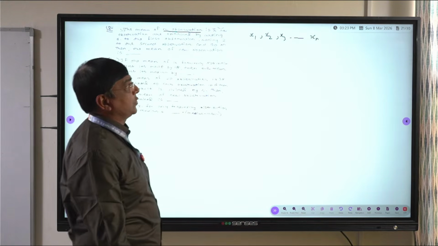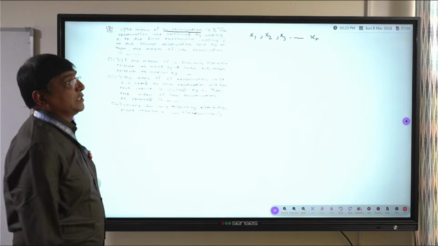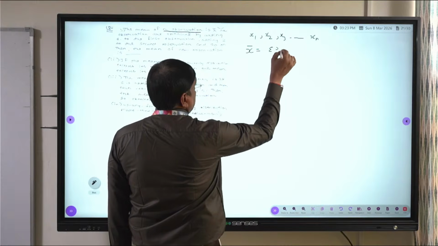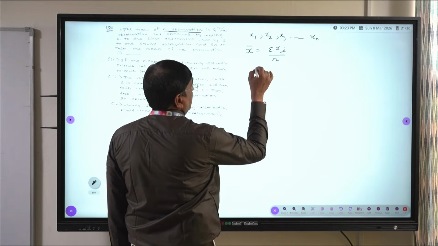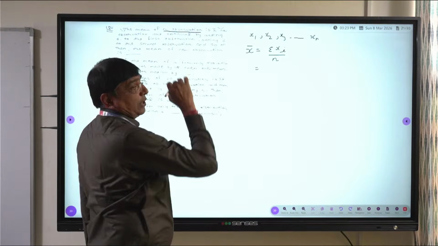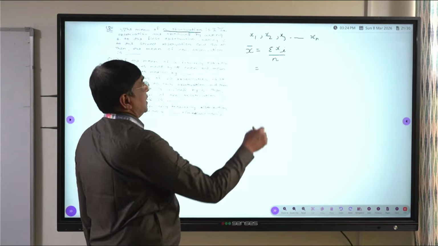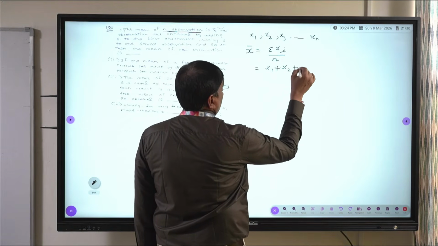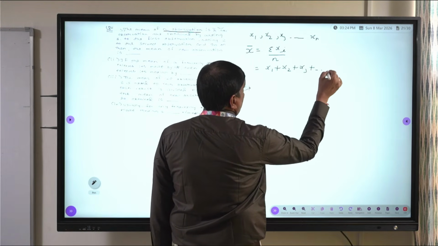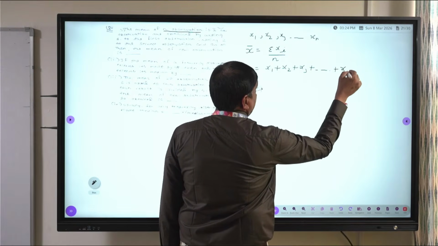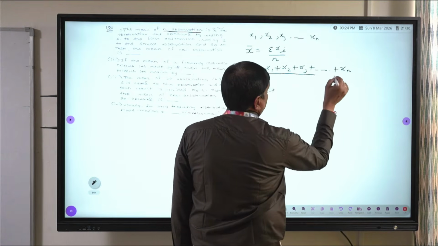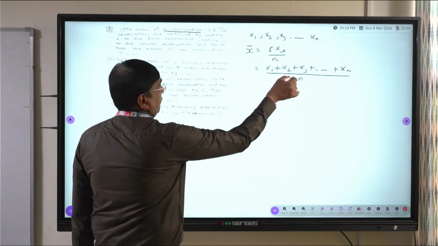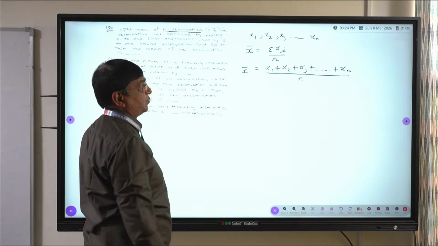These are n observations. Now इसका mean, so we know that x bar equals sigma xi upon n. Number of observations are already given n. So we take n. Sigma xi, that is x1 plus x2 plus x3 plus plus xn upon n. Meaning ये वैल्यू हो गई अपनी x बार.